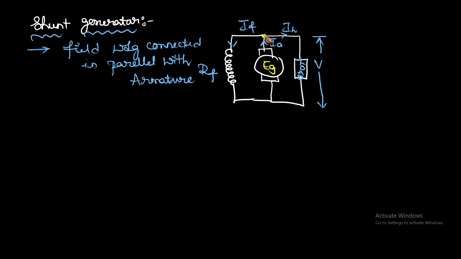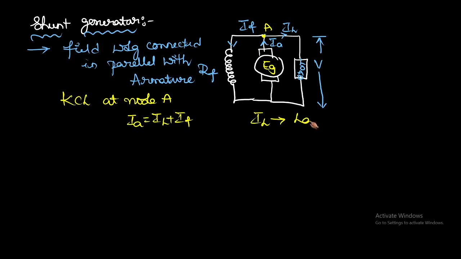At this point, consider this point A and apply KCL at node A. IA is equal to IL plus IF. Let us understand the terminology we are using. IL is the load current.